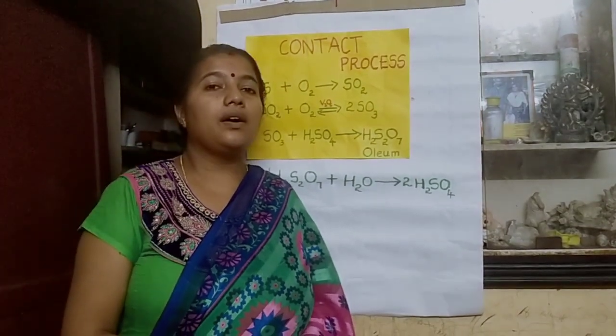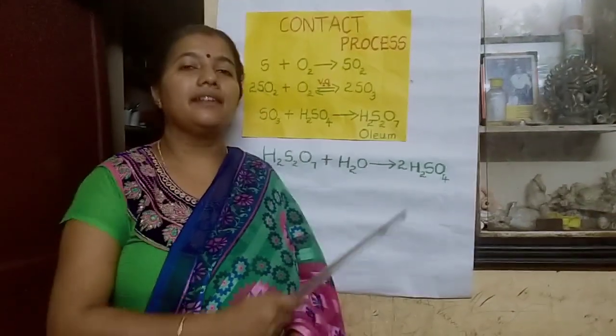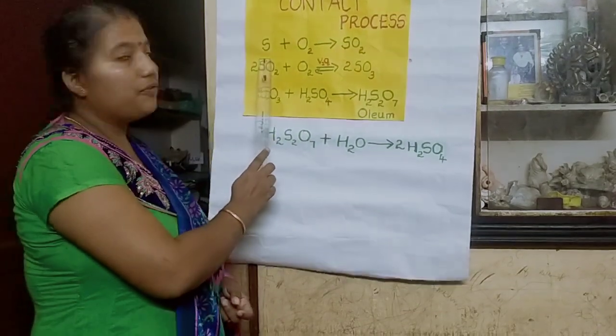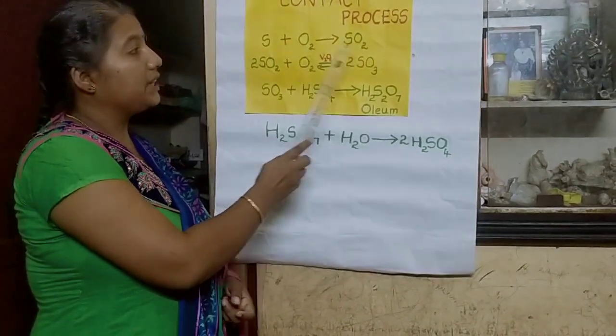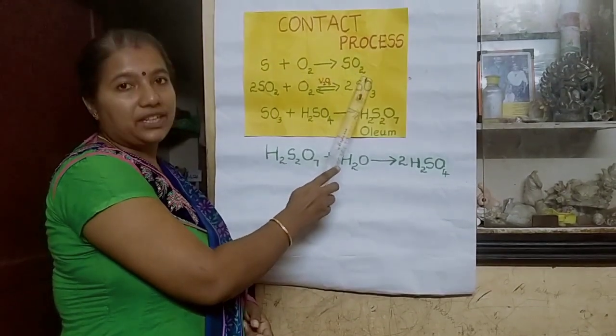Okay, so discussing the different steps in this contact process. The first step is that sulfur reacts with oxygen to form sulfur dioxide: S plus O2 gives SO2.